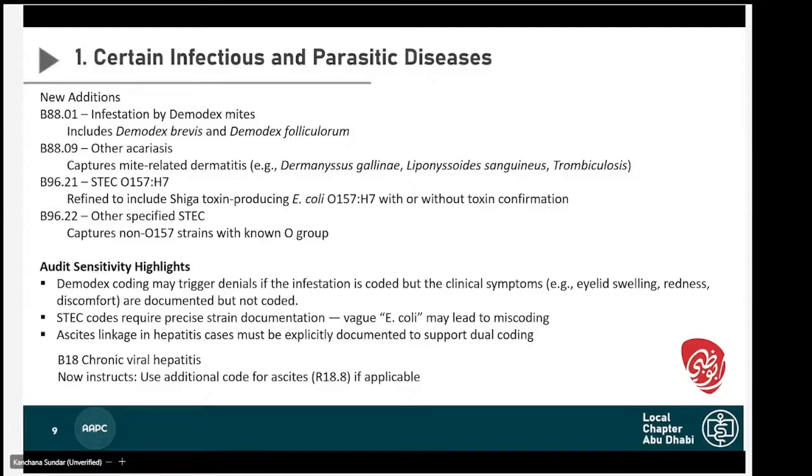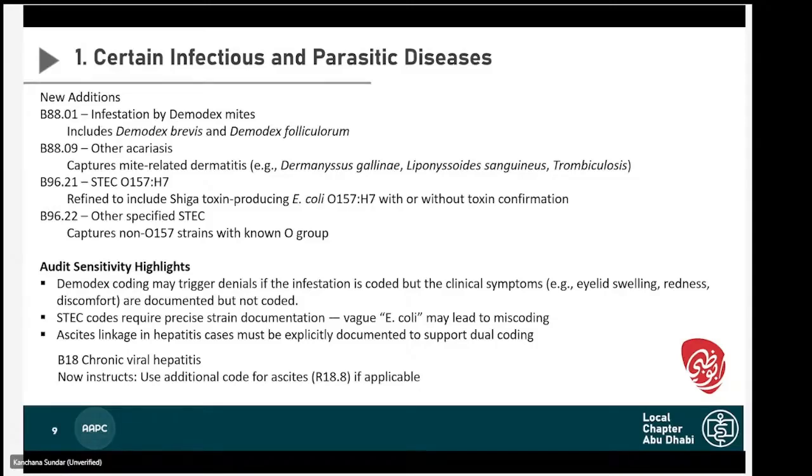Please excuse me if I am pronouncing it incorrectly. And this has been added to the list, as well as Shiga toxin producing E. coli, which is again specified into a subcategory with other specified. And in these new addition codes, we as coders should be very clear about a few things.